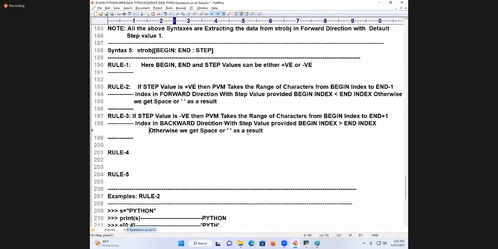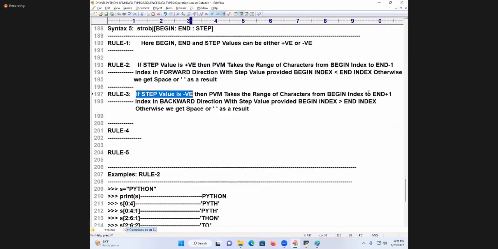The only thing is, you must carry it forward. Once again, if the step value is negative, then PVM takes a range of characters from begin index to end plus 1 index in backward direction with a step value, provided the begin index is greater than the end index. Otherwise, we get space as a result.